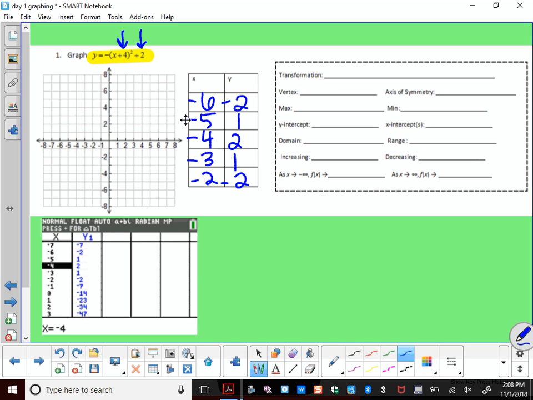I just did it wrong. Alright, so graph those points. Negative 6, 2, negative 5, 1, negative 4, 2. Alright, once you have your points, try to make a nice upside down U. That one's good.